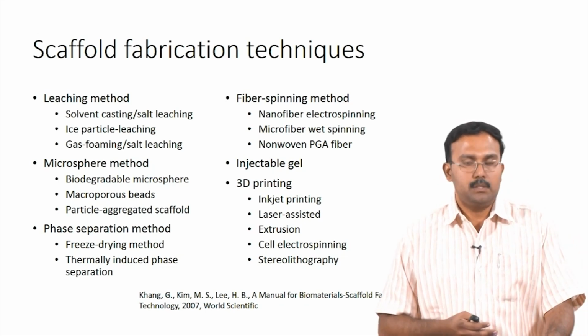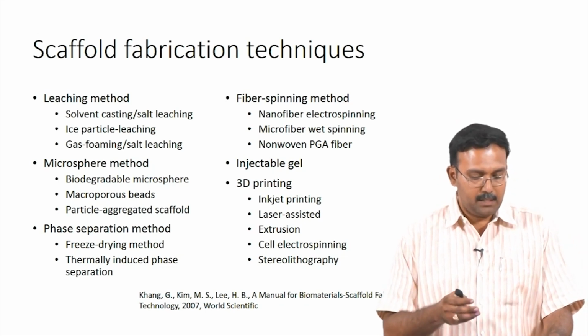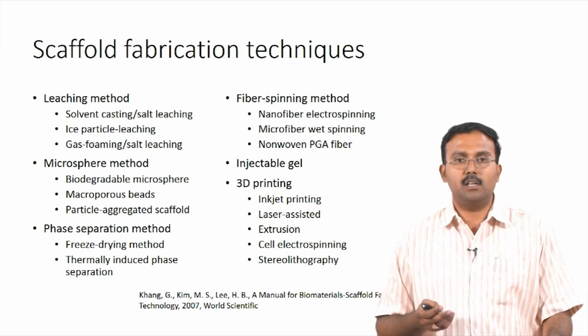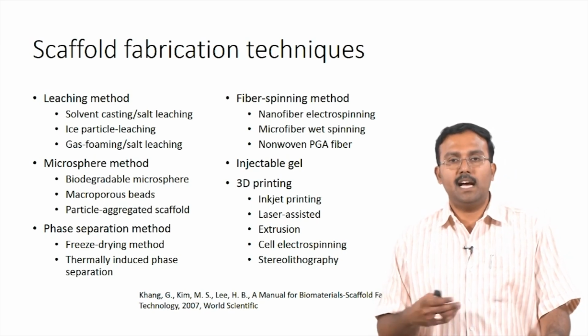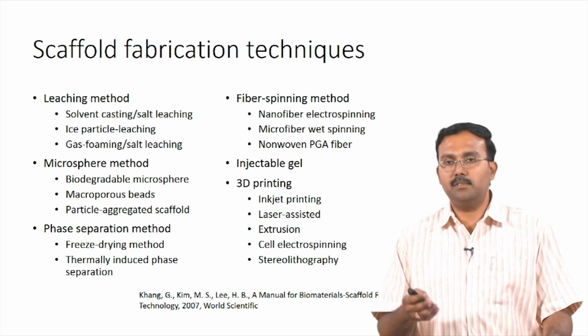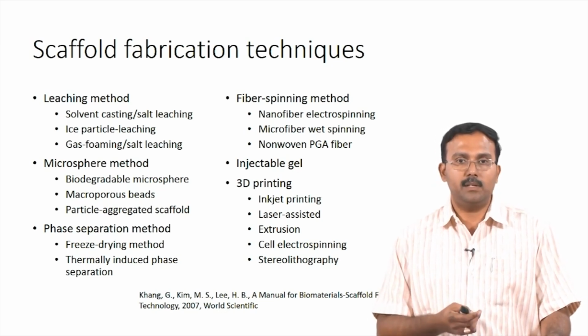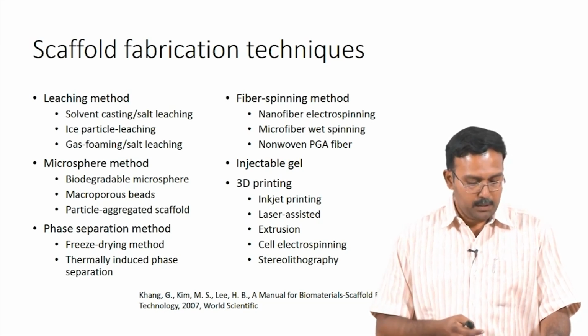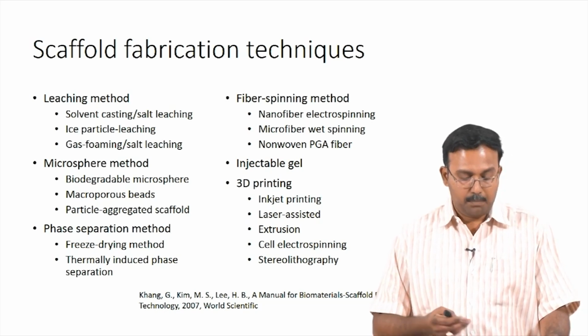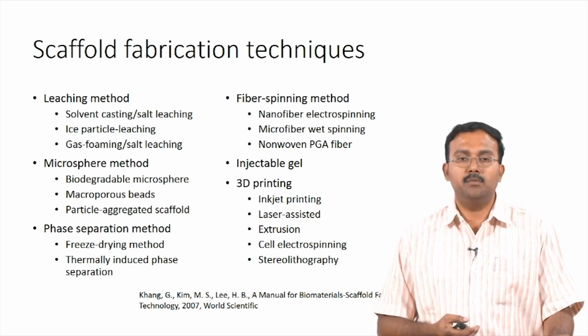Leaching methods include solvent casting and salt leaching, ice particle leaching, and gas foaming and salt leaching. And you have microsphere formation, where you can have biodegradable microspheres, macroporous beads or particle aggregated scaffolds being formed.